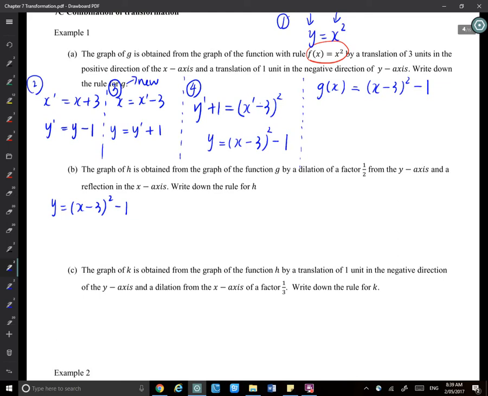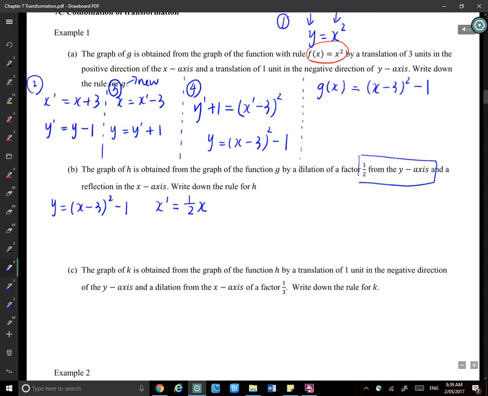And then you talk about the transformation now. So dilate by a factor of a half from the y-axis. So a half from the y-axis, what can I write? A half from y, so it's changing what? x. So x dash equals a half of the original x.